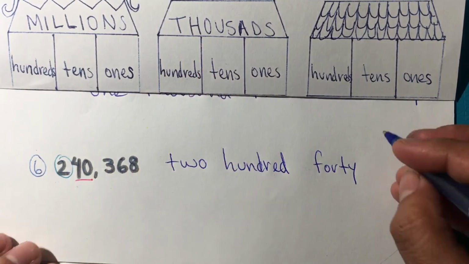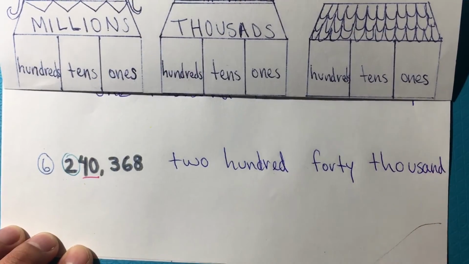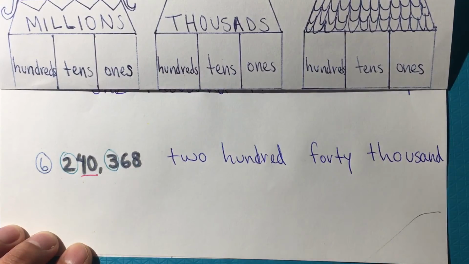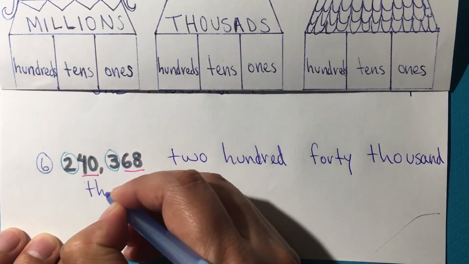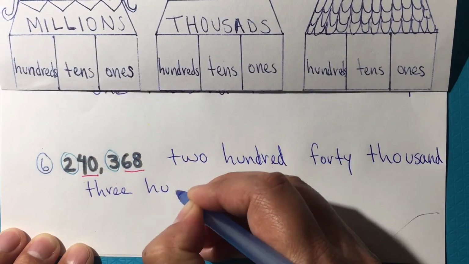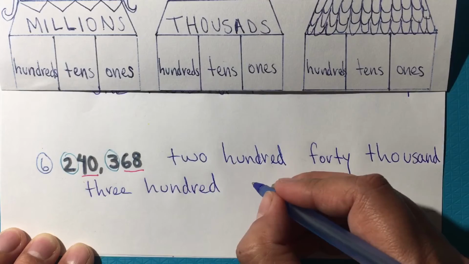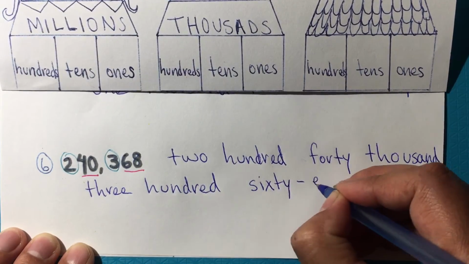And then make sure you include 1,000. 368. Okay, so 300 and then 68.